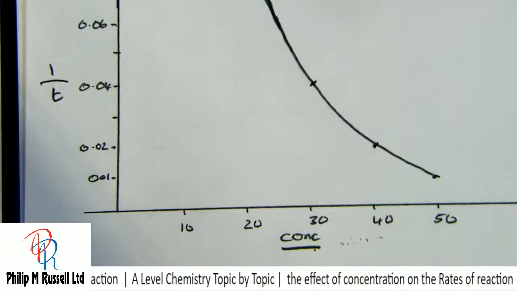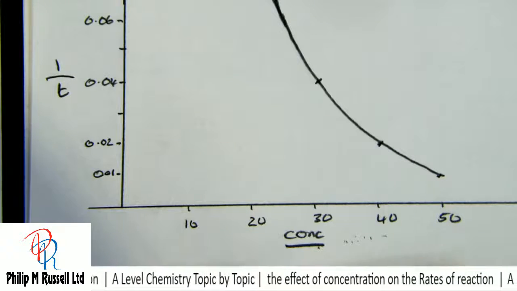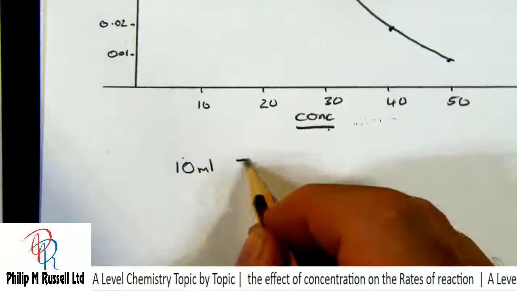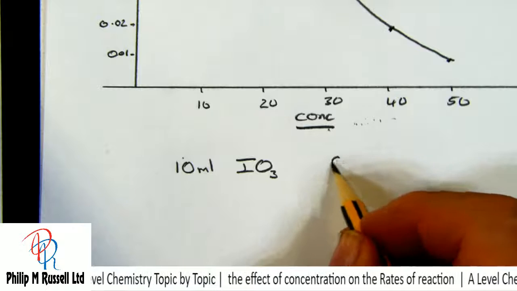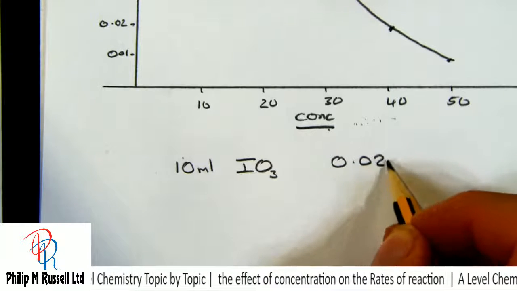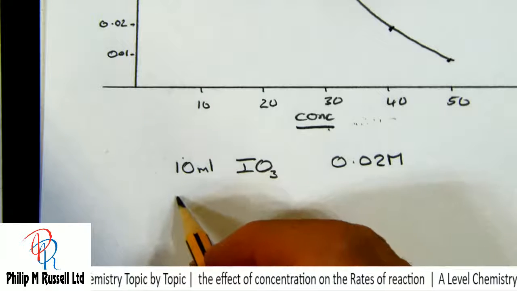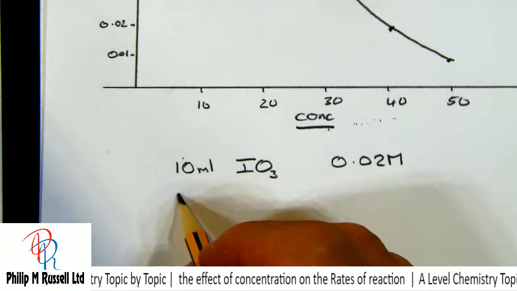To help you, then you need to know that I used 10 mils of iodate and its concentration was 0.02 molar. We had an amount of water in there.